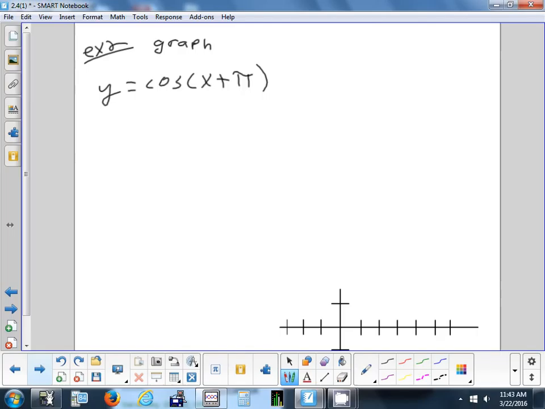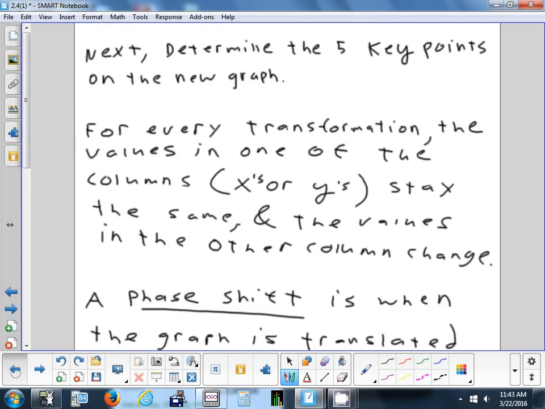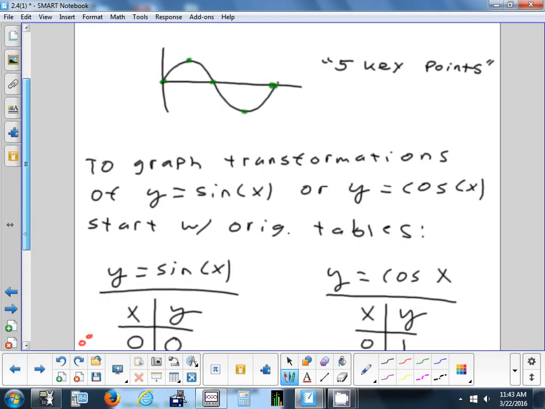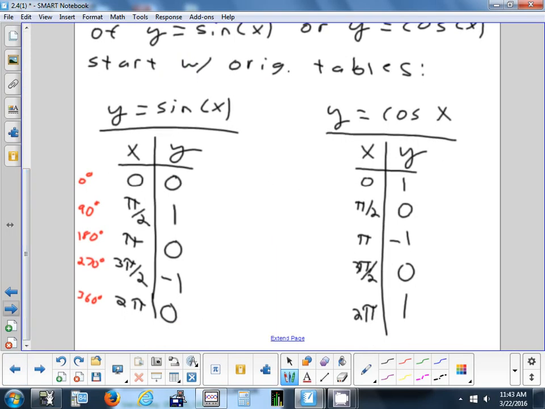And what else is really different? It's cosine. So forget about the sine table; this problem is about cosine. You should have two different tables for the original tables. That's the table you should have for sine, and that's the table for cosine.